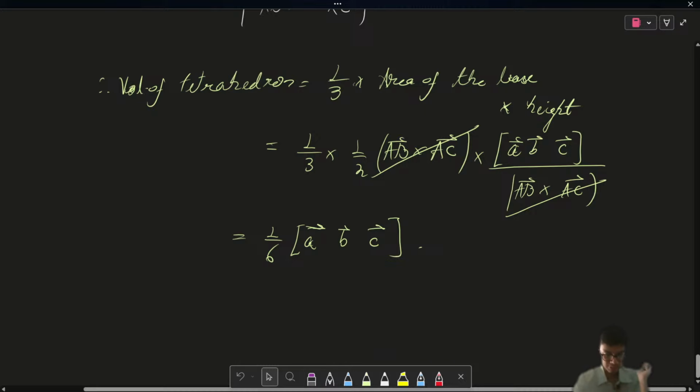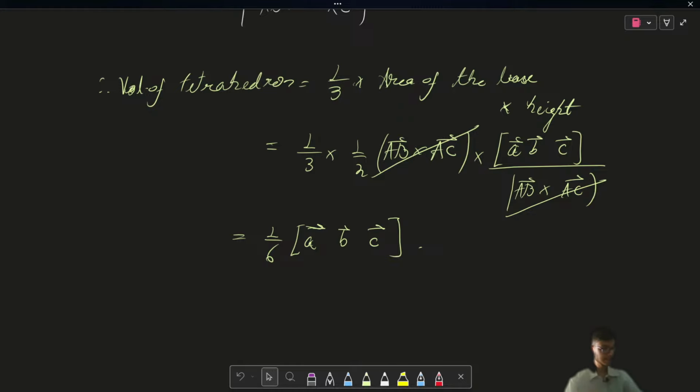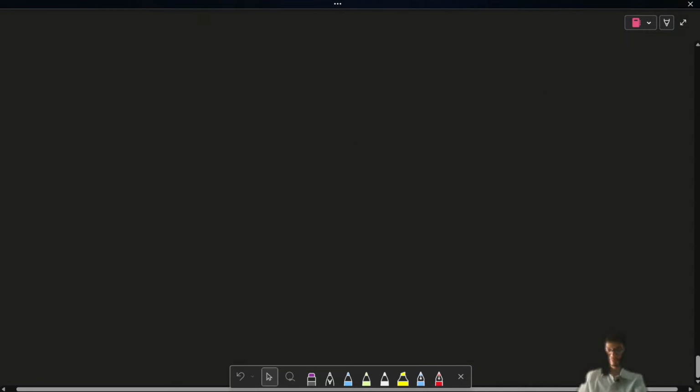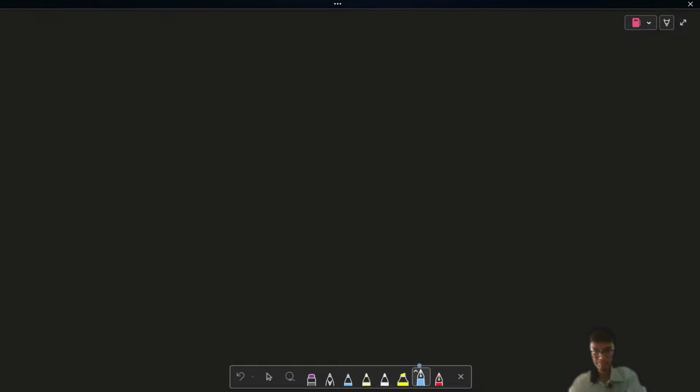So this was a result which we finished up in our previous discussion about the volume of the tetrahedron, and we will definitely solve some questions in the upcoming part of the lecture, but for the time being let's first go on to understand the vector triple product things. Alright, so let's start.